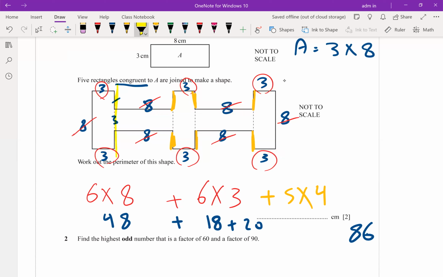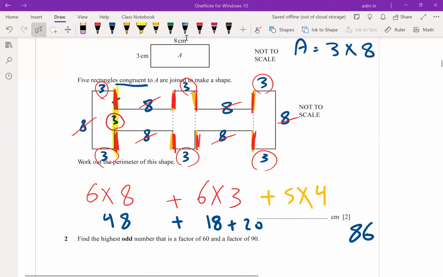The total is 8. But we need only this part plus this part. So it's 8, remove 3, will be 5. And it's repeated 4 times: 2, 3, and 4. Now clear? Yeah, thanks. Omar, you have a question?